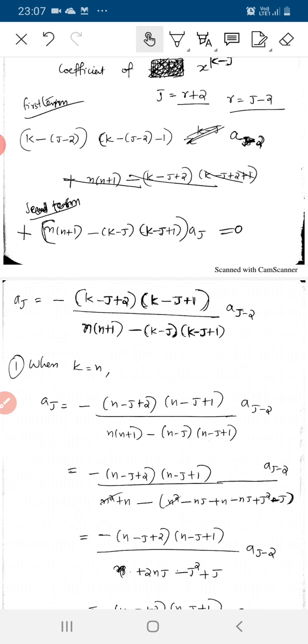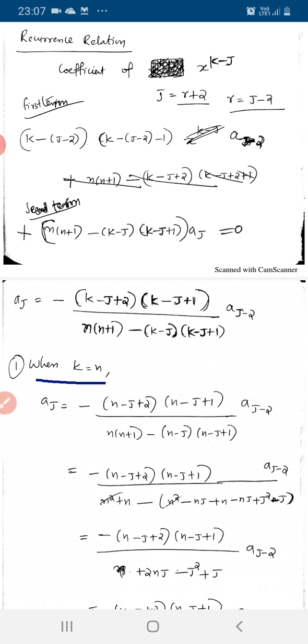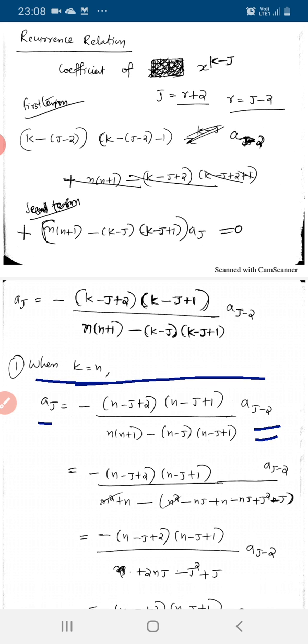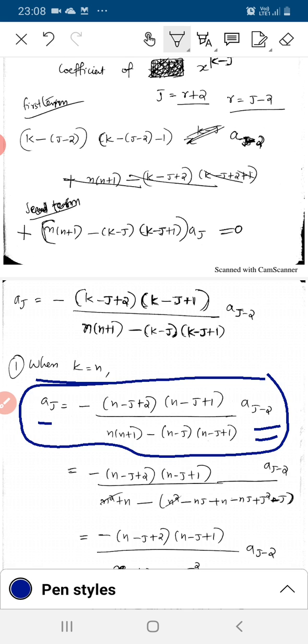So when k equal to n, we have aj equal to this. Here we put k equal to n.